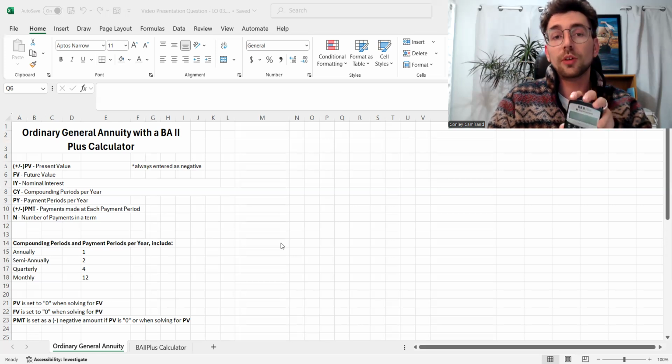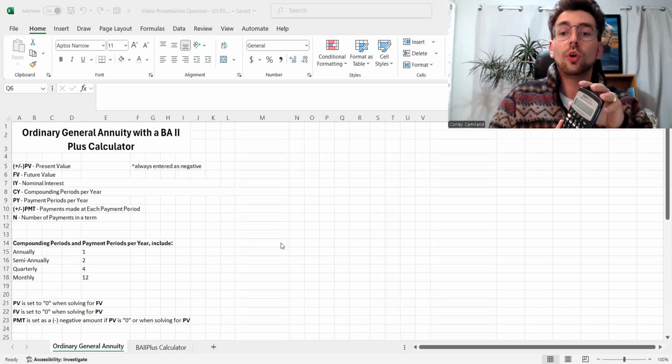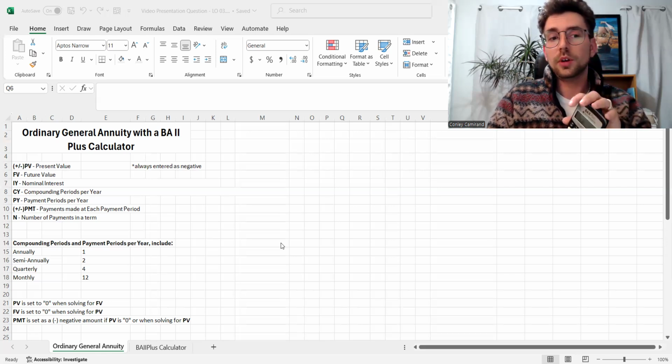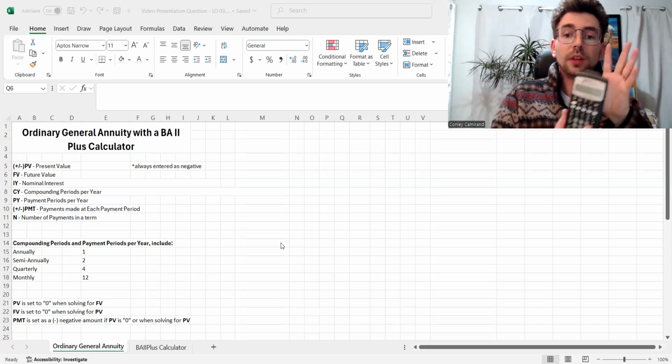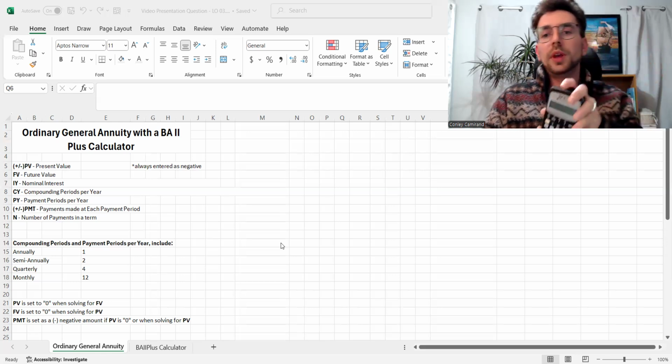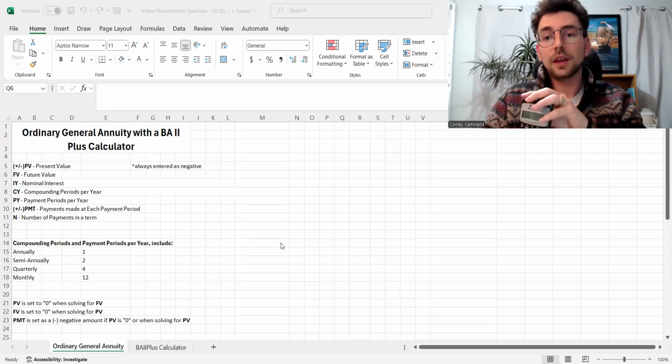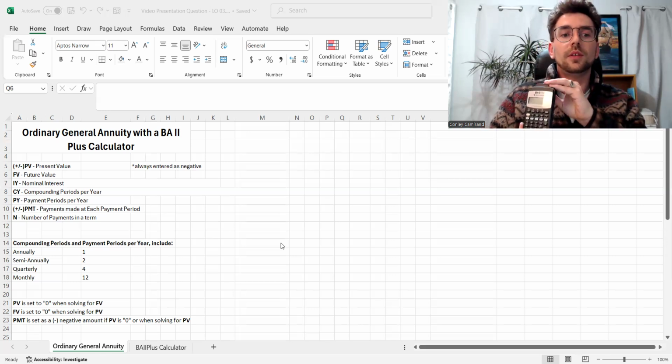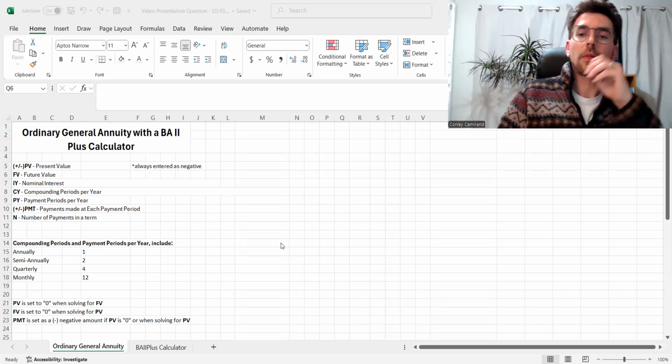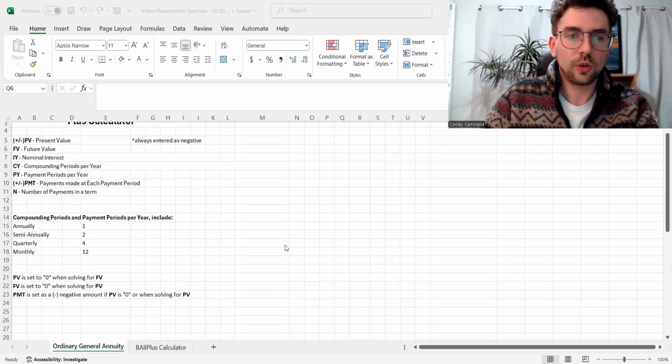However, if there is a PV amount that we are inputting in the calculator, then payment will always be positive. Present value will be entered as a negative and payment will be entered as a positive. If there's no present value, or if we're solving for present value, then PMT is negative. So let's carry on to the question.